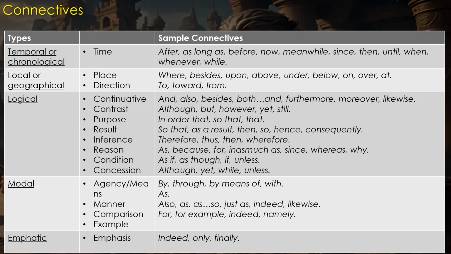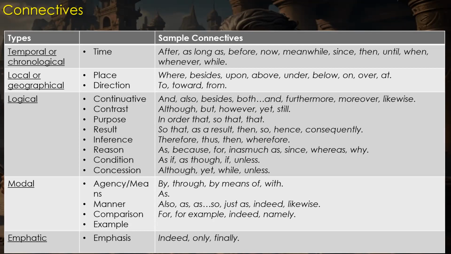When it comes to dealing with a place, they might say where this took place, or beside the sea, or upon this rock, or above the earth, or under the land, or below the ground, on this, over it, at it. Those prepositions are going to be really important for understanding place.